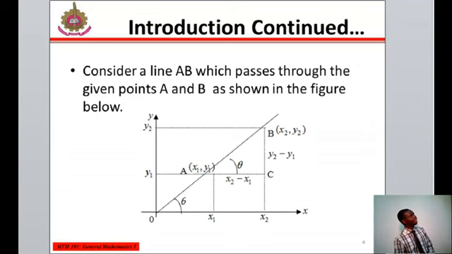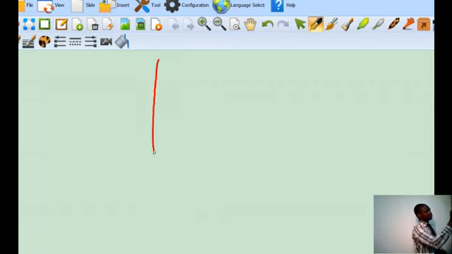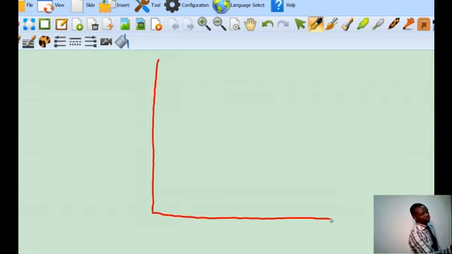Let's consider a line AB which passes through given points A and B. Let's say this is a given axis, where this is the y-axis, while this is your x-axis.